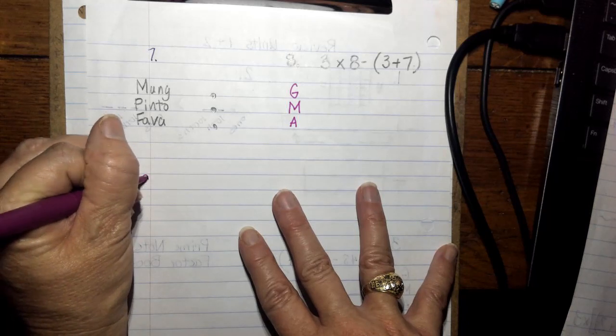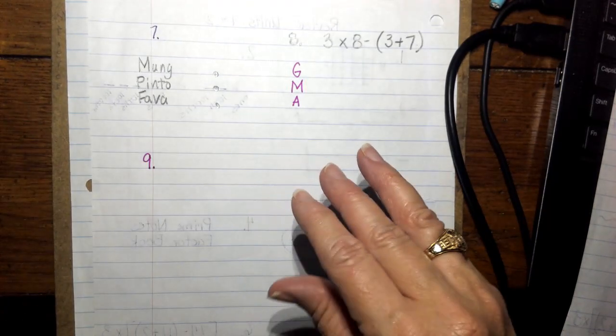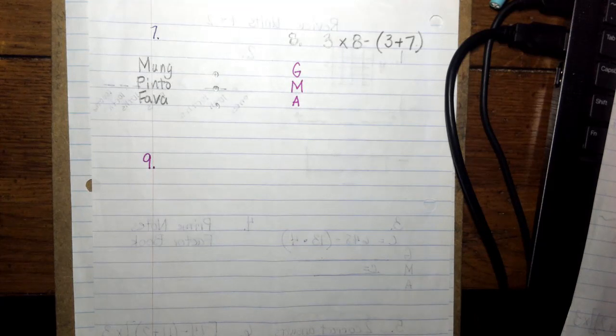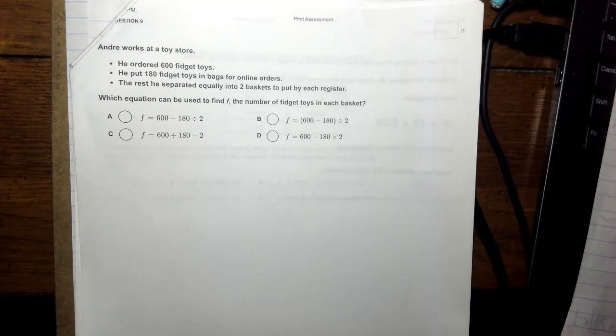Moving right along to number 9. Number 9, they give you some information, it's kind of a multi-step problem. So I'm going to go ahead and throw this problem underneath the camera so that you can see it and we can set it up carefully together. It says Andre works at a toy store. He ordered 600 fidget toys.